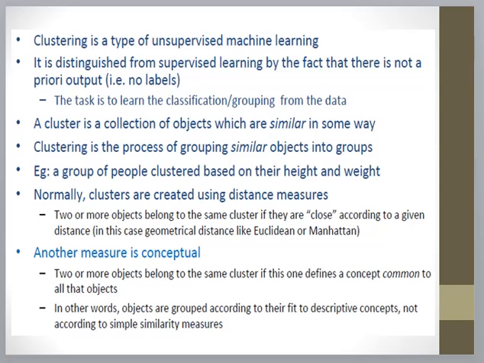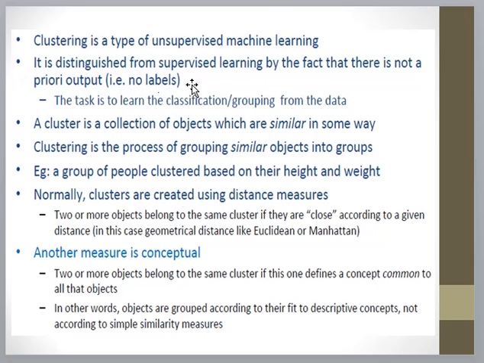It is distinguished from supervised learning by the fact that there is no prior output, that is, no labels or target data, right? That is the key point distinguishing an unsupervised learning domain from a supervised learning domain: we don't have a prior output.